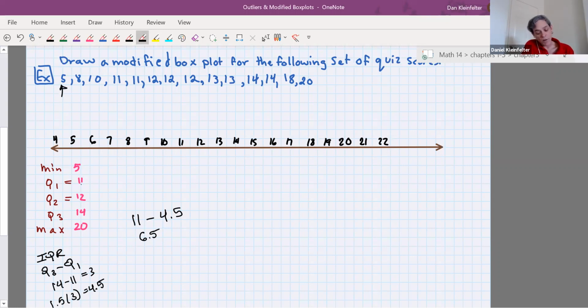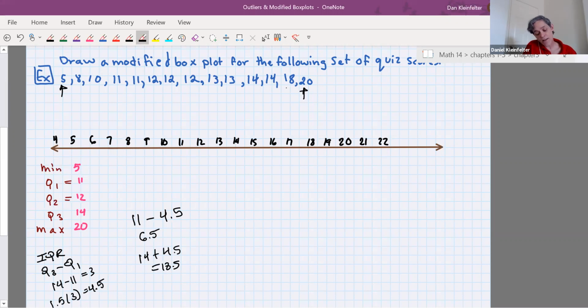We've gone Q1, which is 11. If we were to go more than 1.5 interquartile ranges below that, values below that point, we're going to consider outliers. Q3, that's where 14 is. 14 plus 4.5 is 18.5. And then our data value of 20 is beyond that.